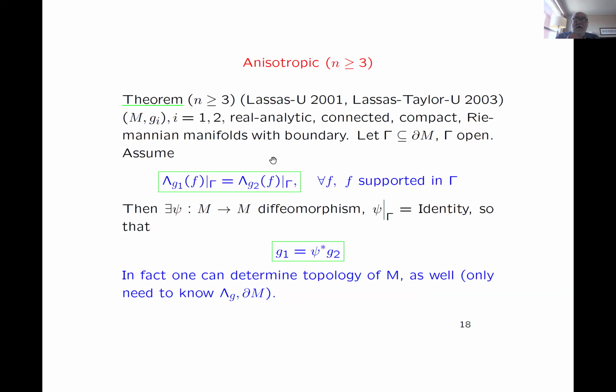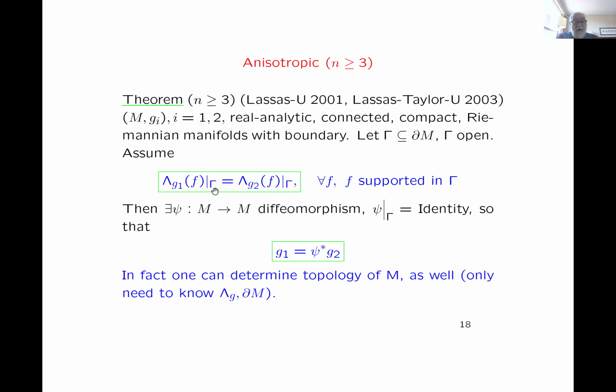And what we know is very little, except in dimension 2. There is a result of Lassas and Uhlmann in dimension 3 or higher: for a manifold which is real analytic, connected, compact with boundary, you can take a subset of the boundary as small as you want. Assume that the Dirichlet-Neumann maps are the same.